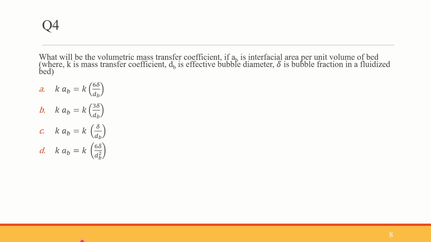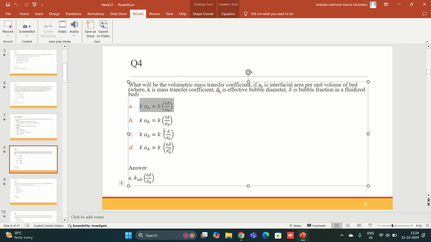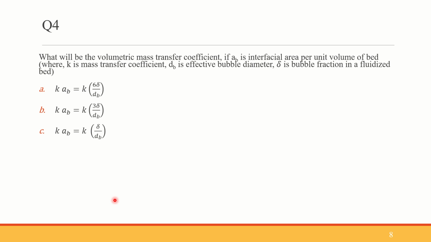So the answer is actually option A. K AB is equal to K into 6 gamma by dB. That is the answer. So the volumetric mass transfer coefficient is this.